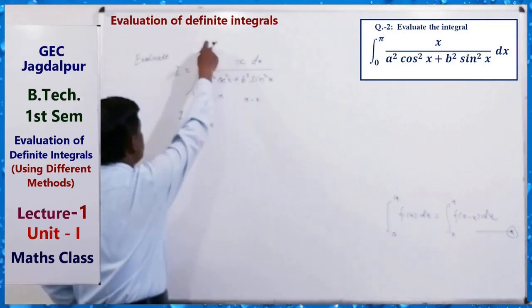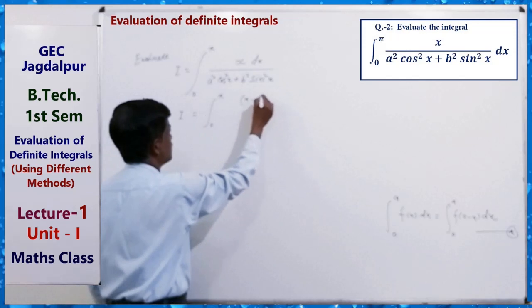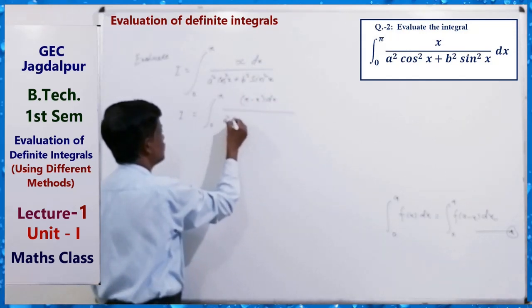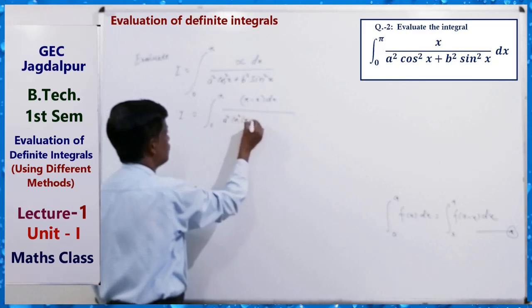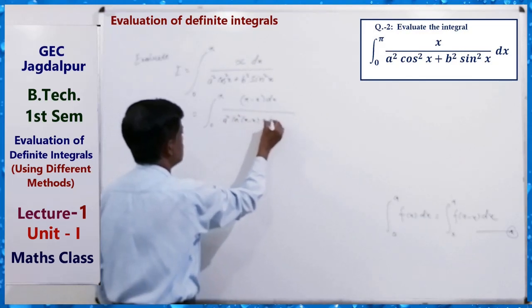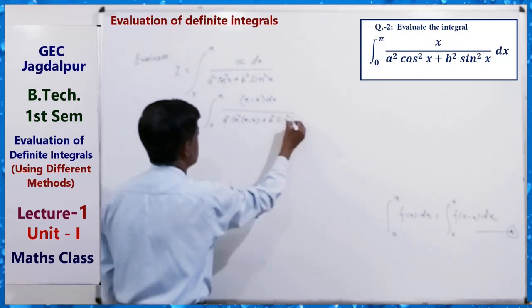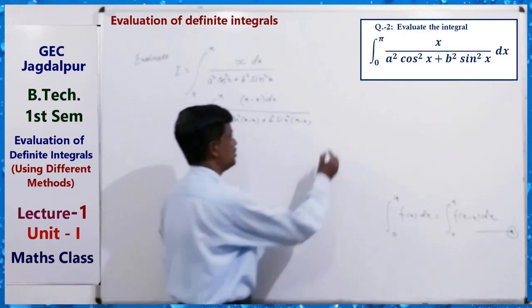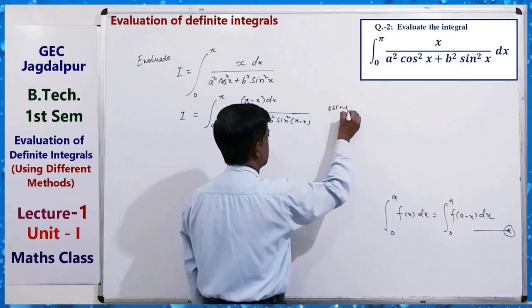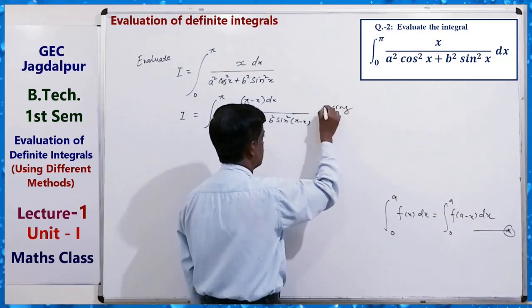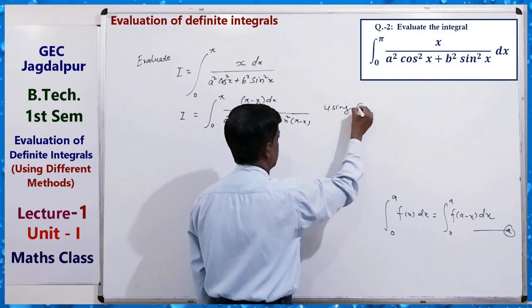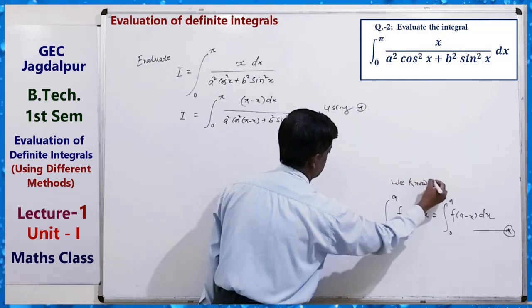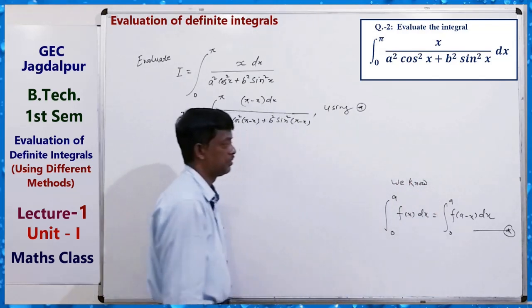So I equals the integral of pi minus x, dx, upon a square cos square pi minus x plus b square sin square pi minus x. In place of x, we have to write only pi minus x using star. Clear?